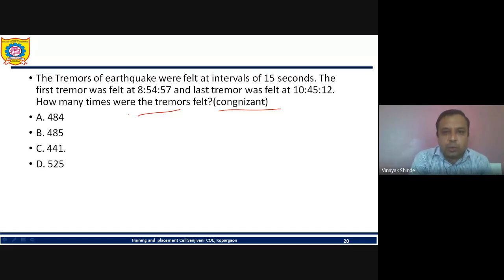So what we need to do is find out the difference in the form of seconds. This is 8 hours 54 minutes and 57 seconds, and 10 hours 45 minutes and 12 seconds.